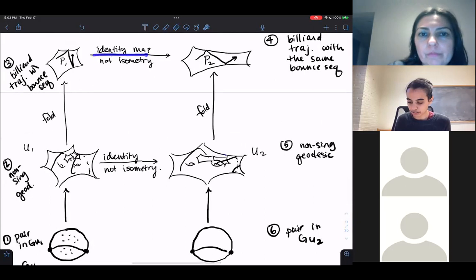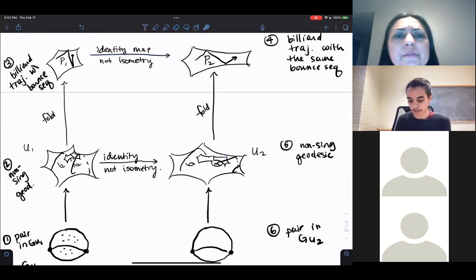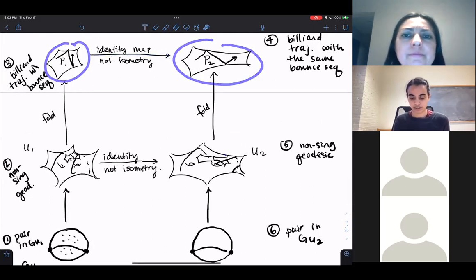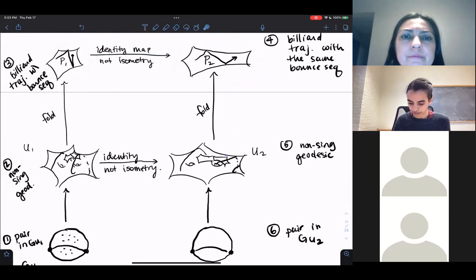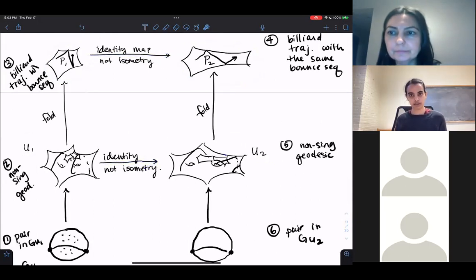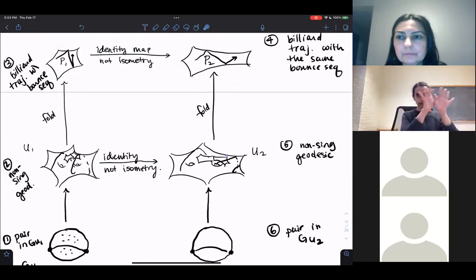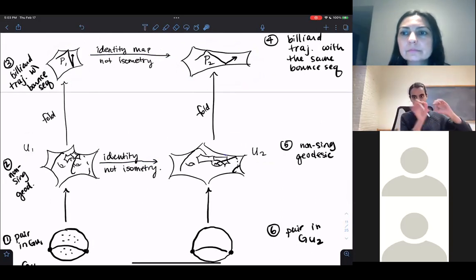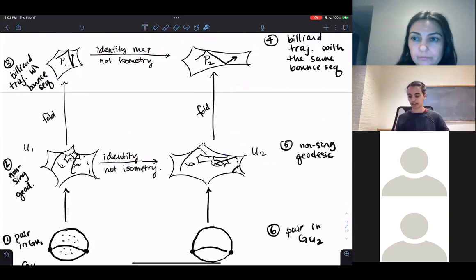I was just deforming the metric between P1 and P2. And then I had the unfoldings of P1 and P2, that's U1 and U2. And then I lifted this deformation to a deformation between these two. So I have some tilings of U1 and then I changed the metric on each of the tiles and I get U2.